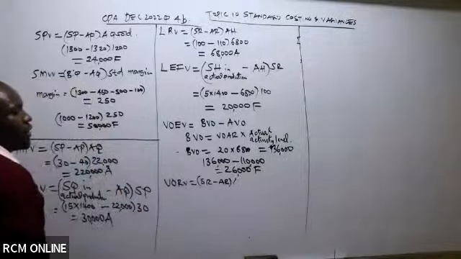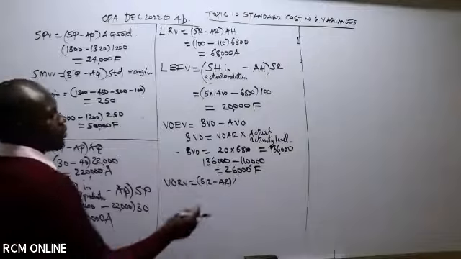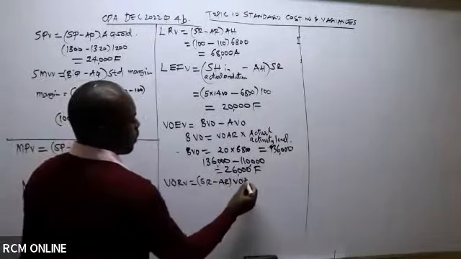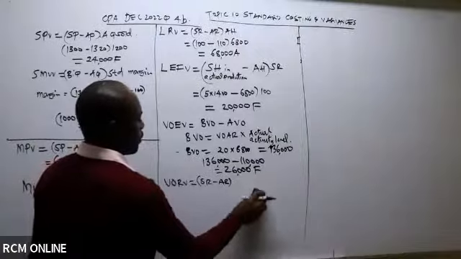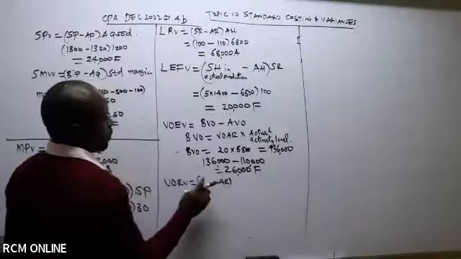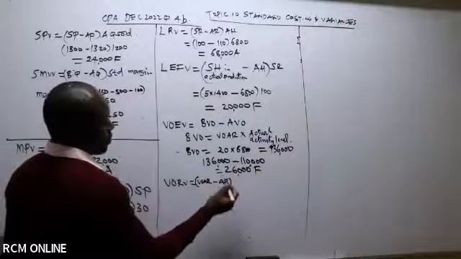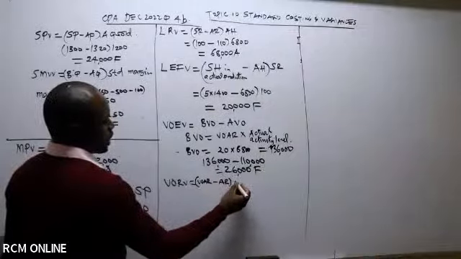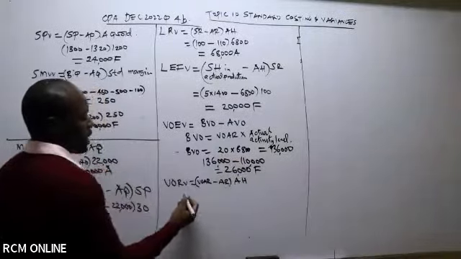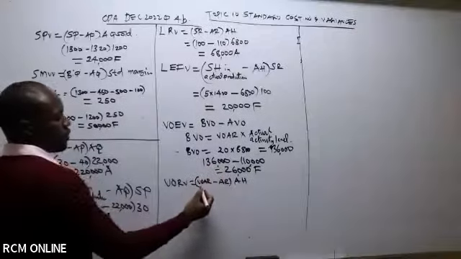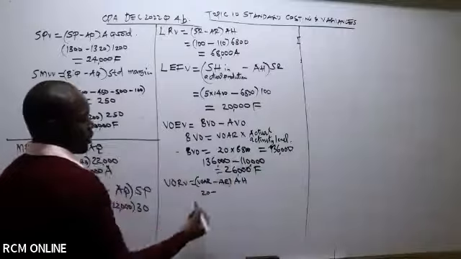Under this, we are talking about the variable overhead absorption rate, multiplied by actual hours, because they are dependent on labor hours. So let's see if this one will give us the same thing. Variable overhead absorption rate 20 minus actual rate. So do we have actual rate?